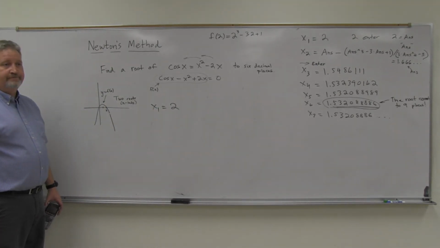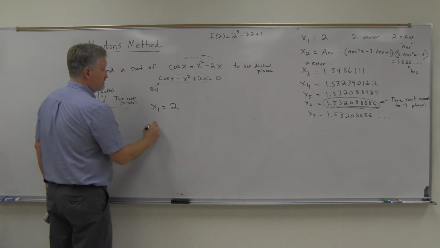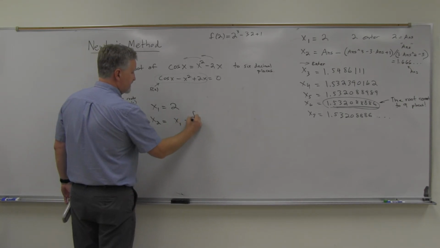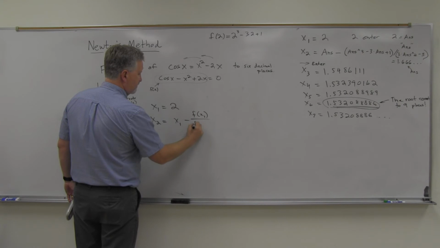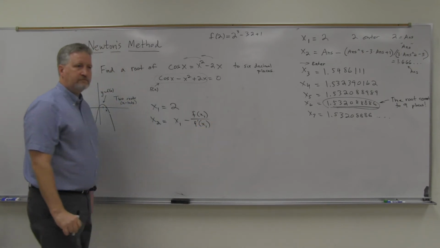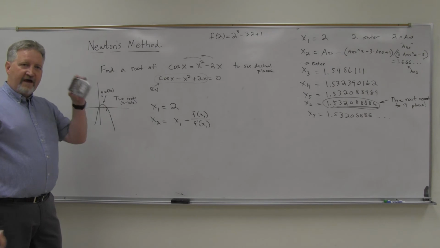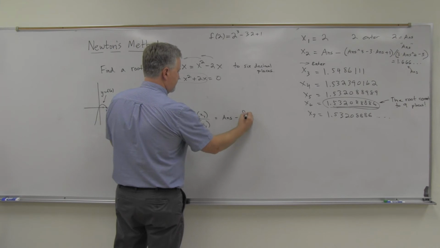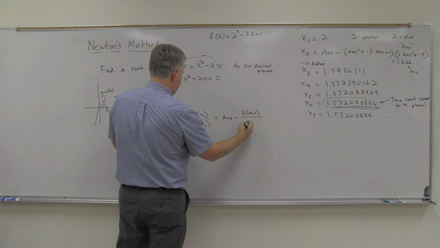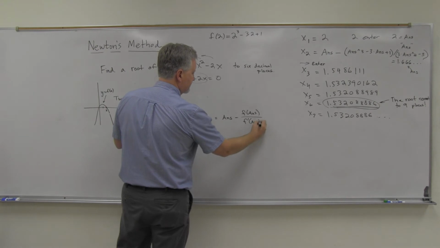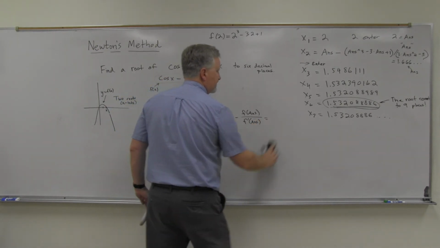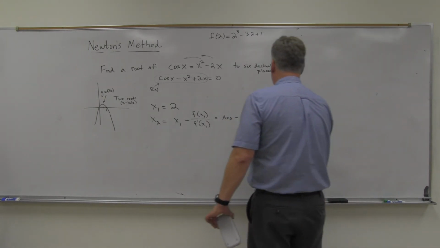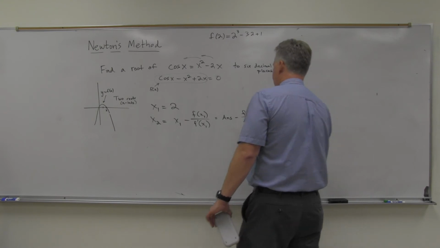Similar to the previous one. Well, with Newton's method, then x2, how do we get x2? Well, x2 is x1 minus f of x1 divided by f prime of x1. But for the calculator here, what I'm going to do is instead of x1, I'm going to say that's ans, and ans minus f of ans divided by f prime of ans. That's the way the TIs do it. So in this case, what is that going to be? Well, what's f of ans?